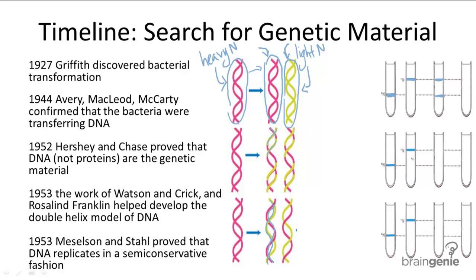Whereas if the dispersive model were true, then there would only be one band in the middle that sort of averaged out the weights, because both daughter strands would have both the light and the heavy nitrogen. And same for the semi-conservative, half of the strands were heavy, half the strands were light, so the weight is averaged out in this one single band in the middle.